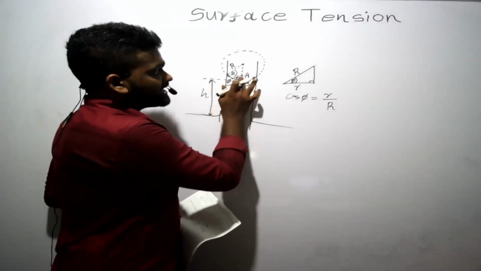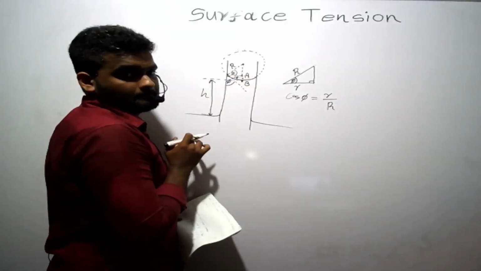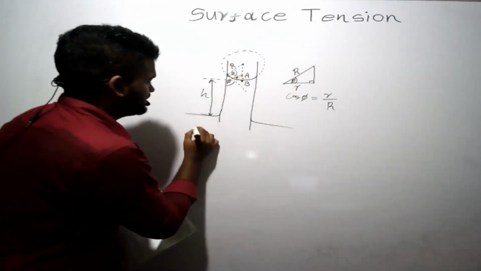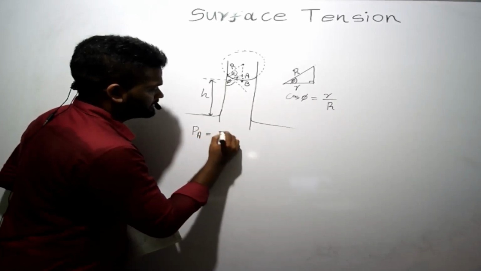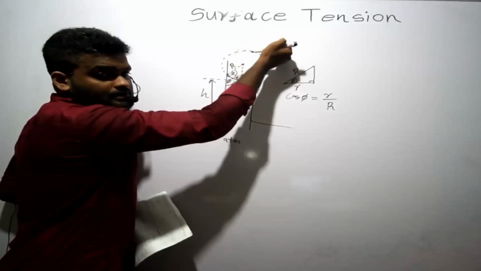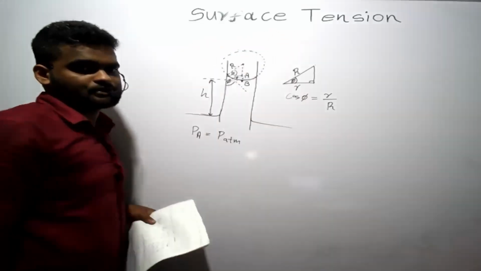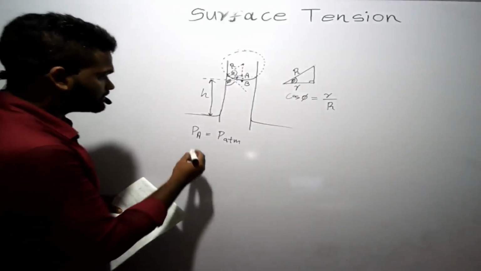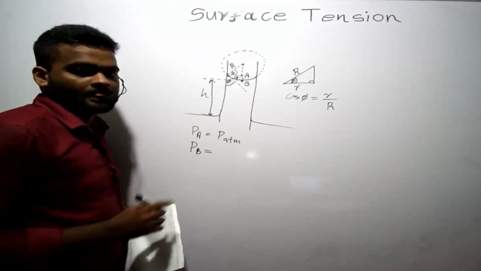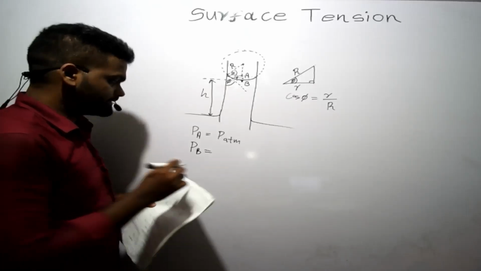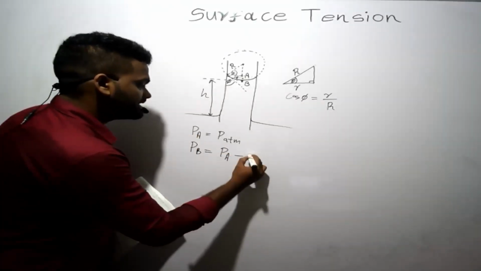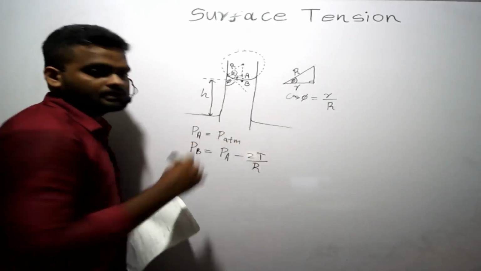So what's the pressure slightly above the meniscus? It is open to the atmosphere, right? So PA is equal to atmospheric pressure. Then how do we write PB? PB you can write like this: PA minus 2T over capital R. How did I write it?